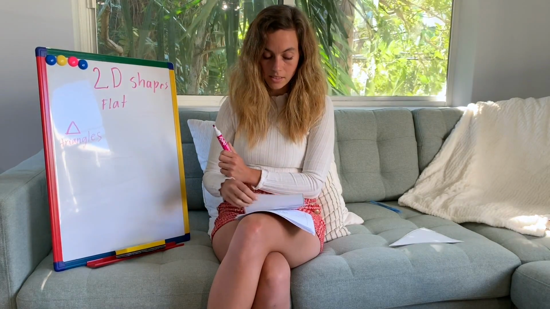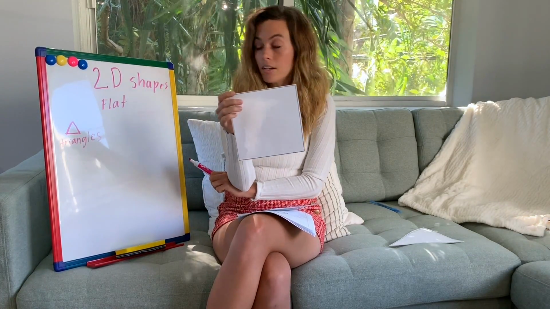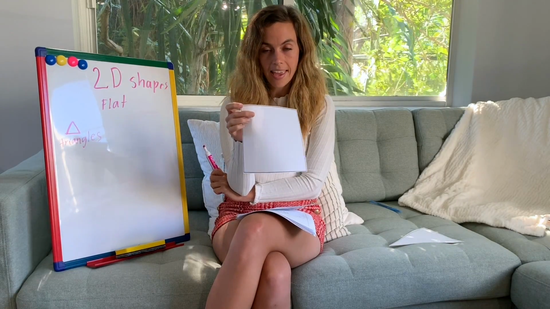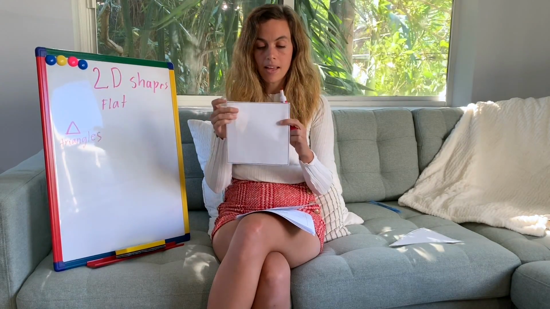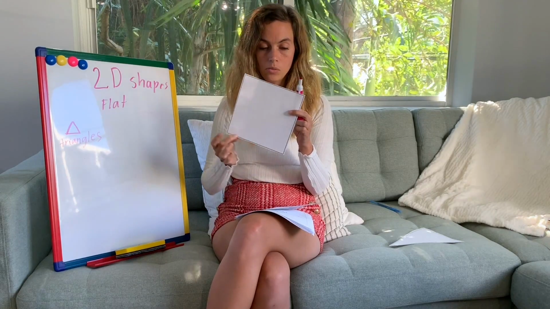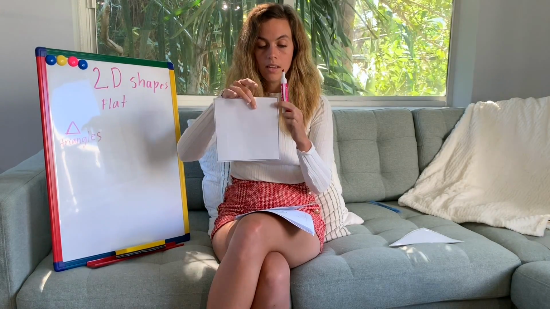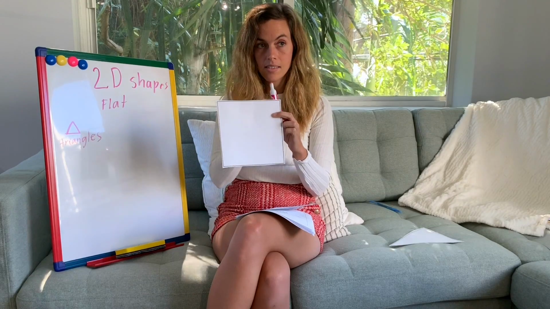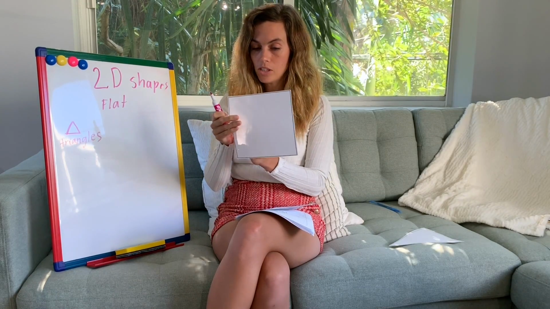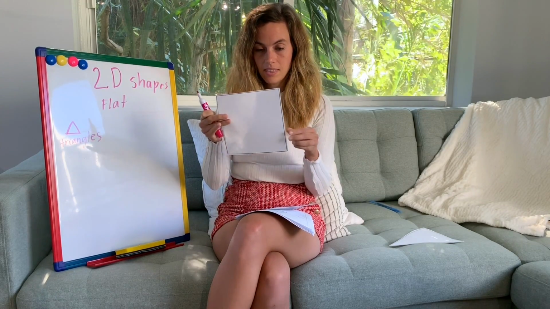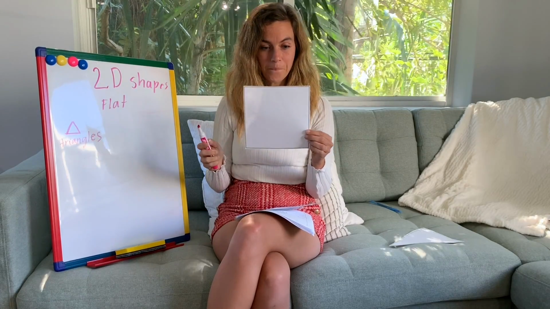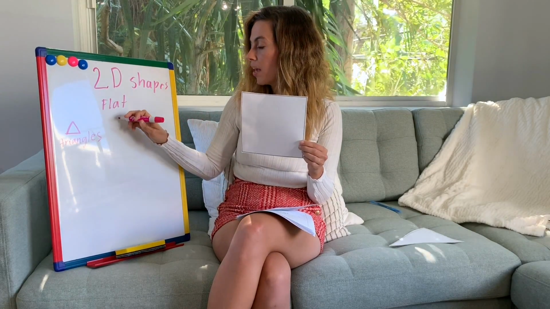Okay, our next 2D flat shape is, so this shape has 1, 2, 3, 4 sides. Does anyone know what shape this is? Yes, this is a square.